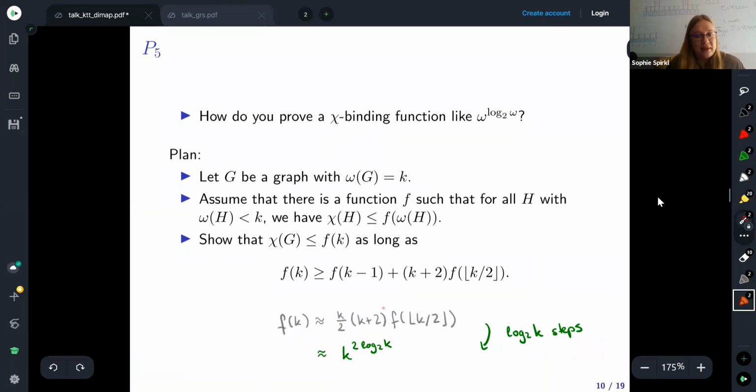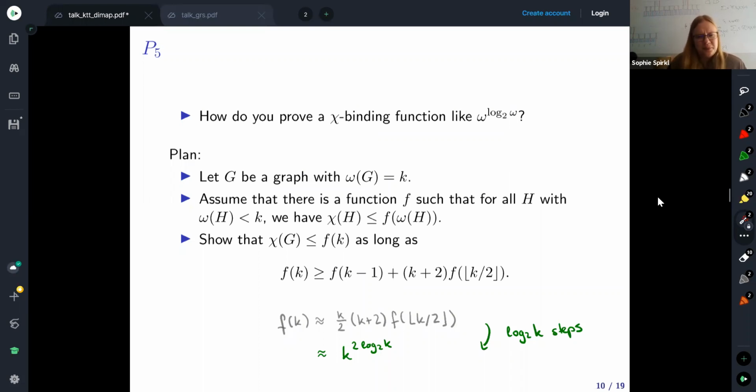And we do log k steps, each time picking up a factor that's roughly k squared. So we end up at roughly k to the log 2k. And this was the world's least honest analysis of a recursion, but that's where that function comes from. And despite the lack of honesty, I think hopefully you can believe that this is sort of the order of magnitude you get from this kind of recursion.